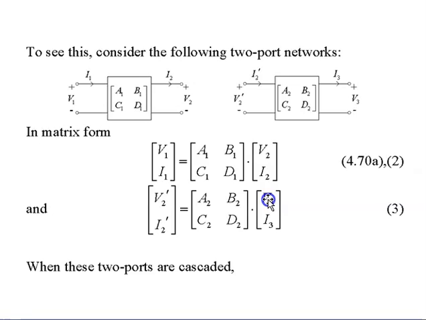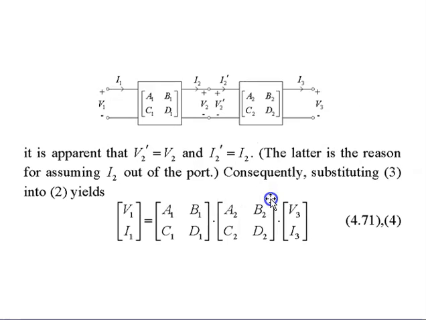When you have these two ports cascaded, meaning that you combine the two ports, you get this figure. Here V1, I1 and then the ABCD matrix A1, B1, C1, D1, and then it goes out to port 2, so you have V2 and I2. The second figure has been cascaded to the first port.